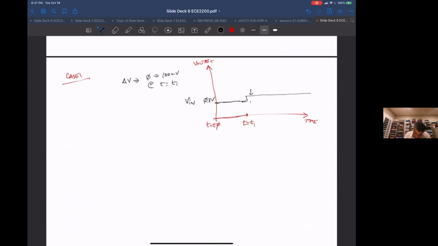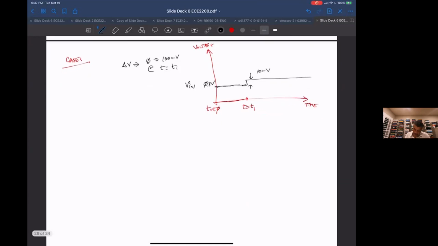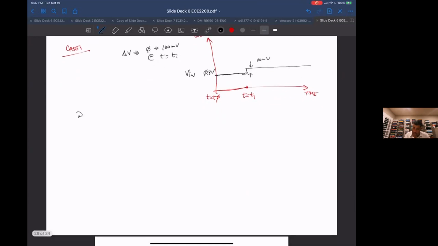So this delta is going to be 100 millivolts. Now let's see what happens on the output. At time t equal to t0, I_C is I_S exponential of 0.8 volts plus 0 volts. So it's really just 0.8 volts.